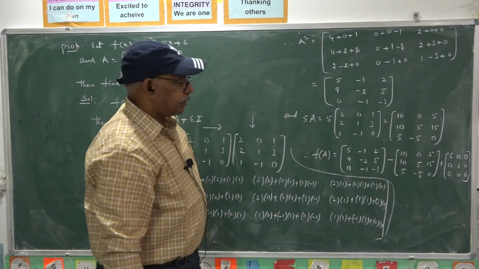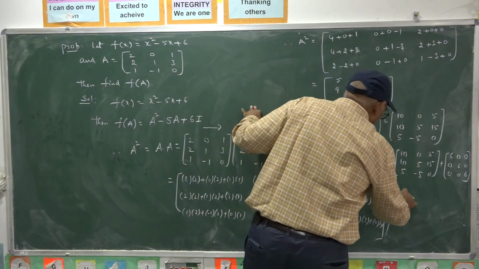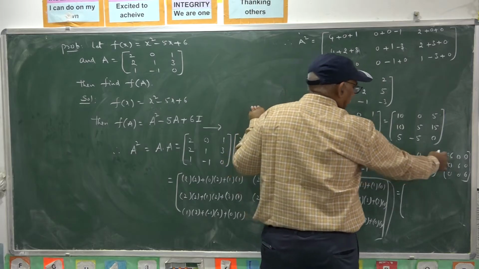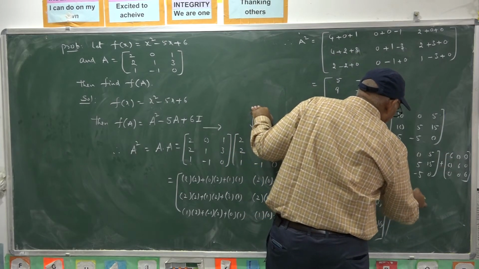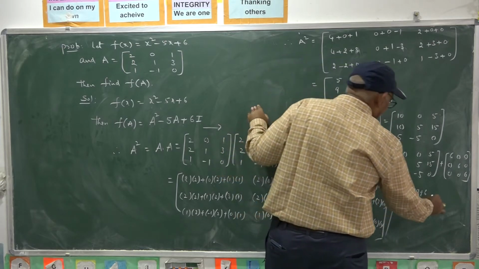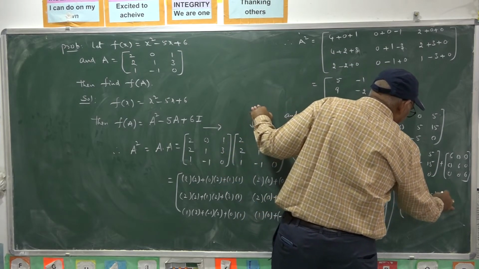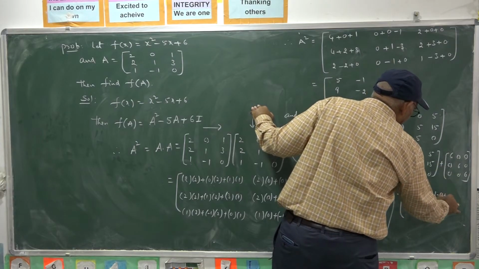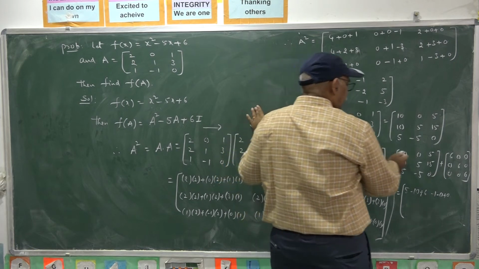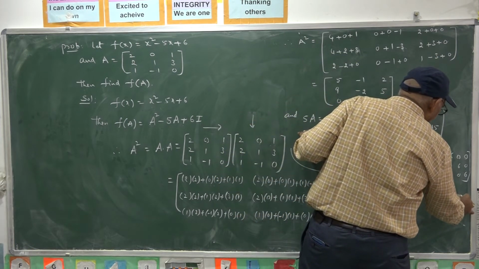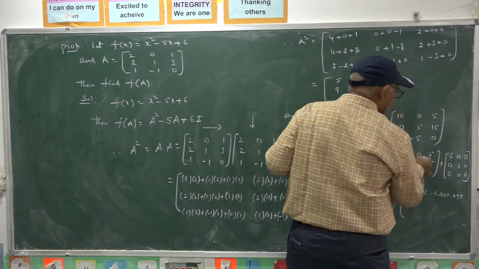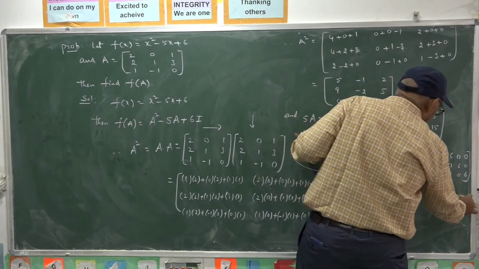Now on simplification, this is equal to 5 minus 10 plus 6, this is minus 1 minus 0 plus 0. Similarly, 2 minus 5 plus 0.